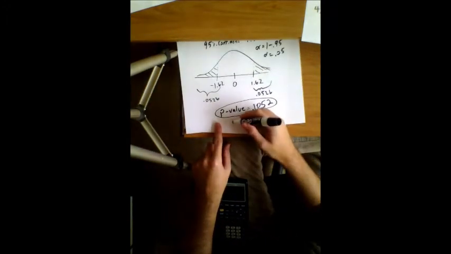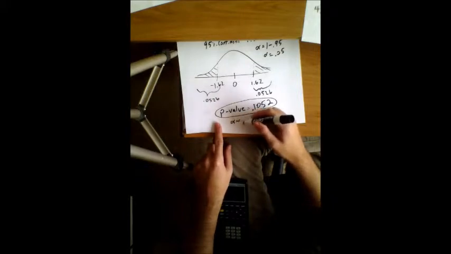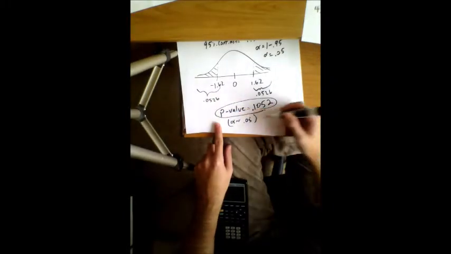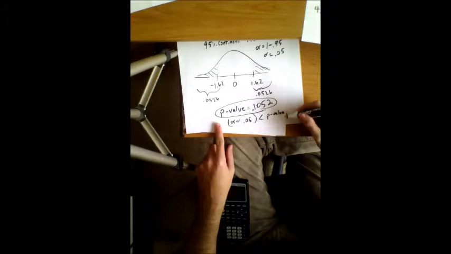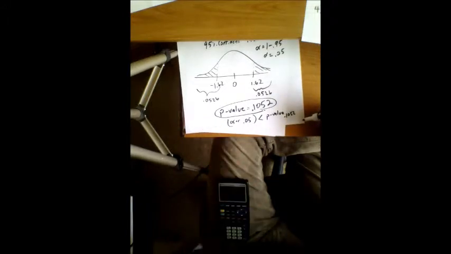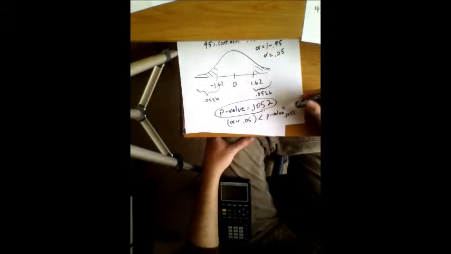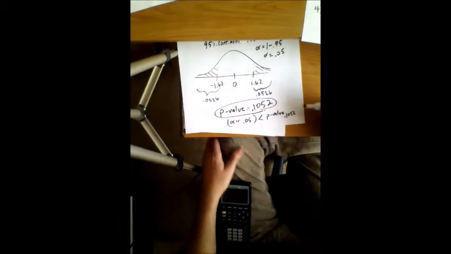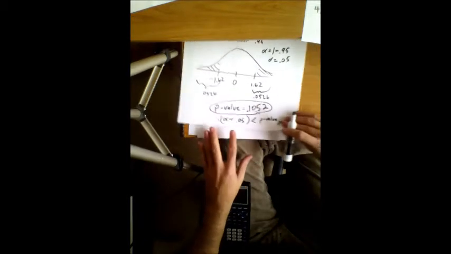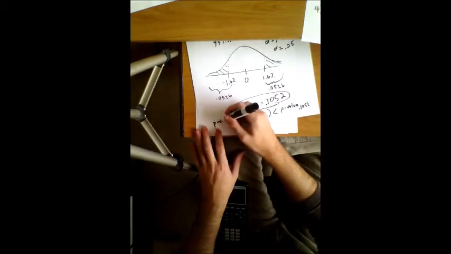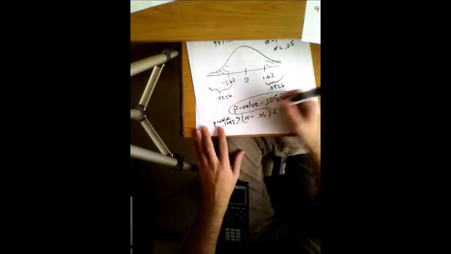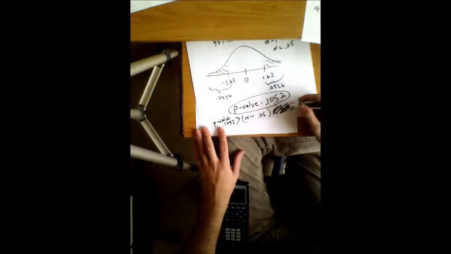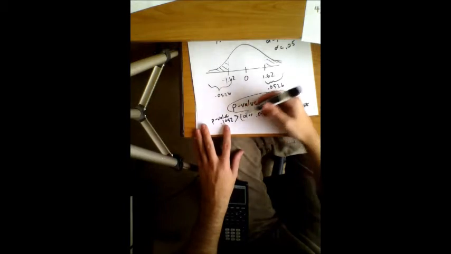Our alpha, or 0.05, is actually less than our p-value, 0.1052. So this means our p-value is large. Our p-value is larger than alpha. Actually, let me put the p-value on the other side. It doesn't really matter. We still come to the same conclusion. The p-value is larger than alpha.